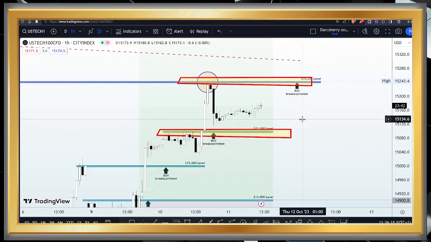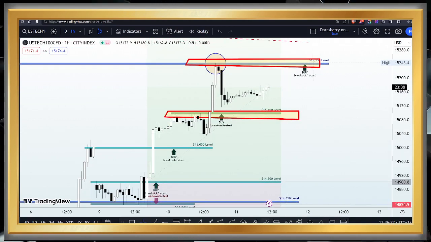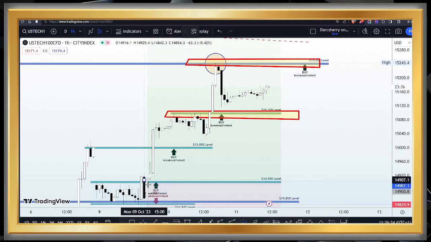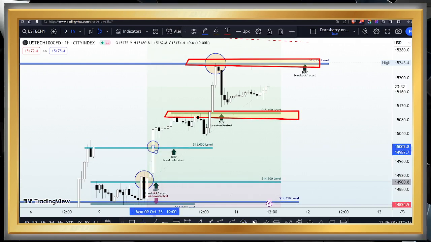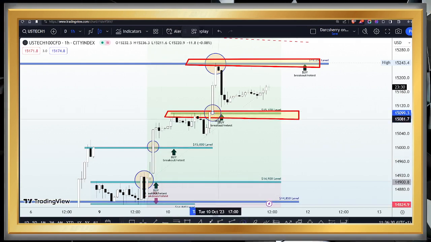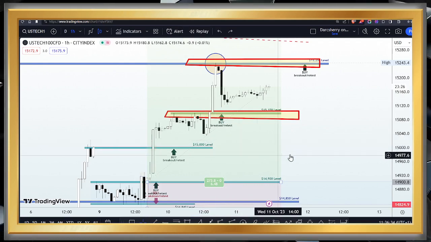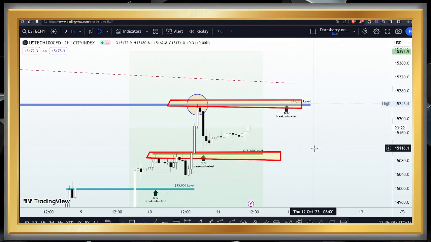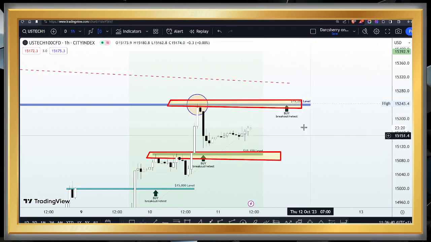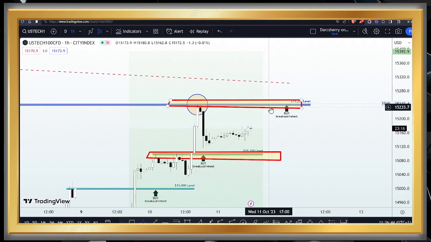Now, for those who have been profitable on the USTech100, that is, if you had joined us when we were buying at the 14,900, the 15,000 area or the 15,100, you definitely will be in profit right now. So what this means is that we can afford to leverage some of the profit we made so far this week to test waters above the 15,250.